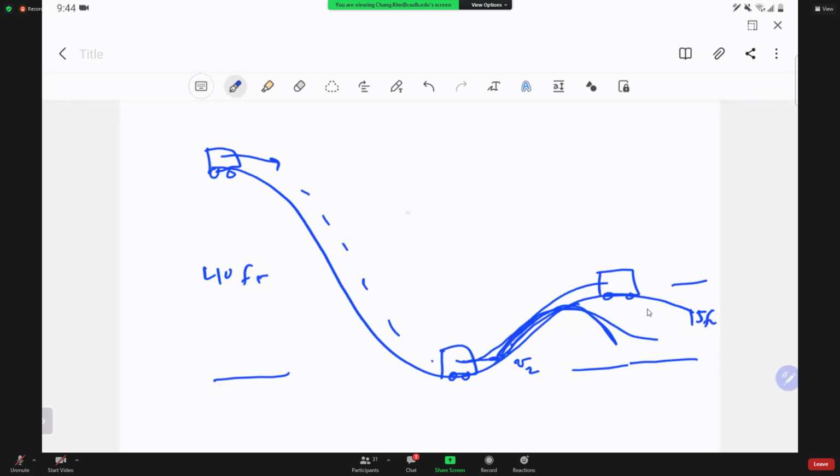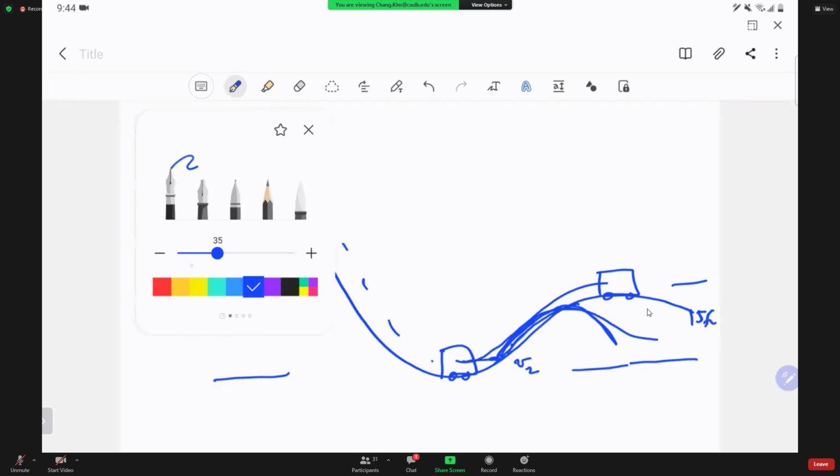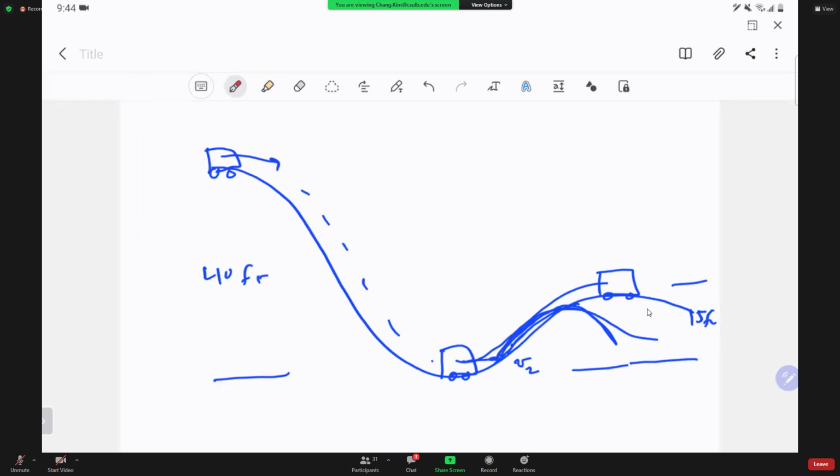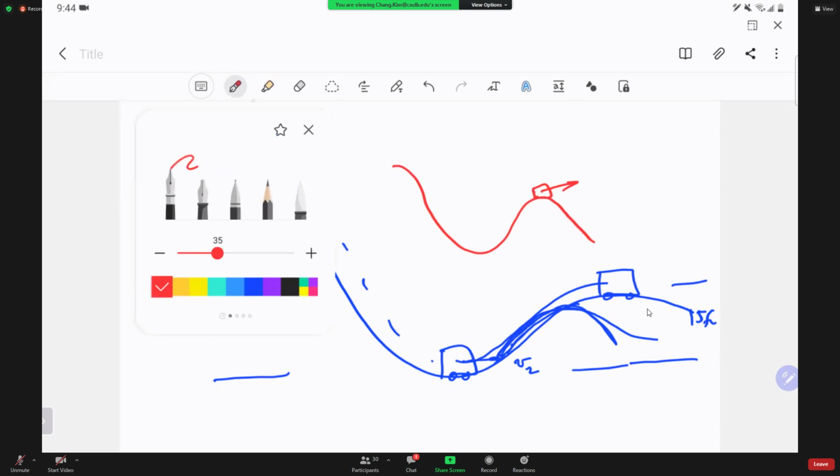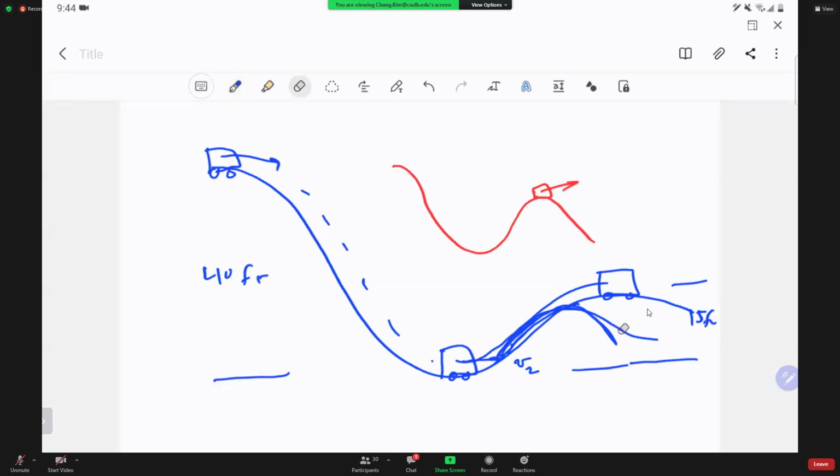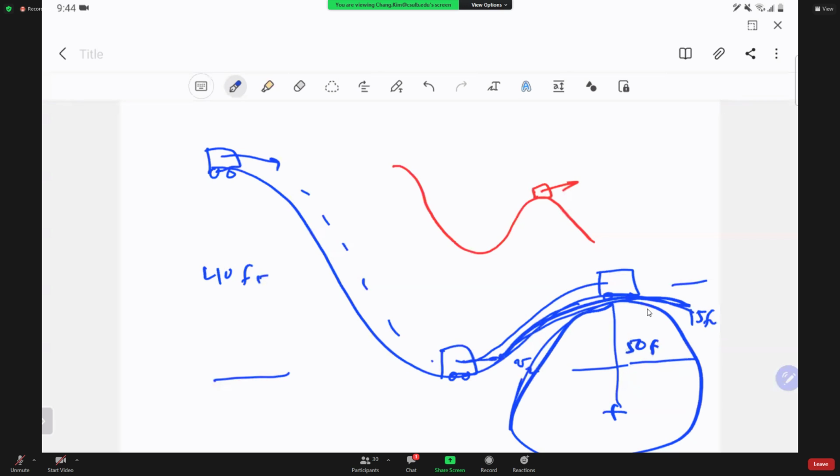For safety purposes, I wanted to make this guy a little bit wider, so the radius of curvature becomes about 50 foot.